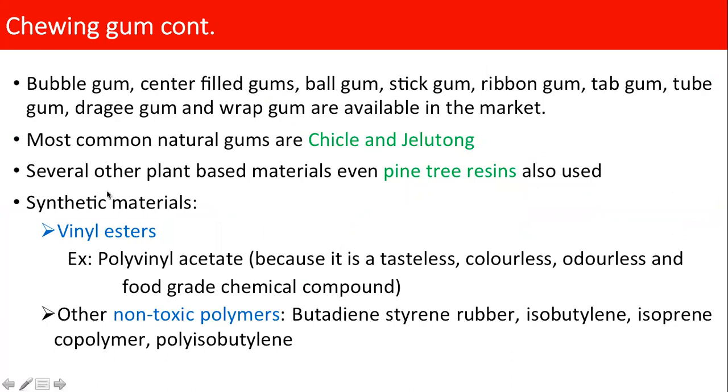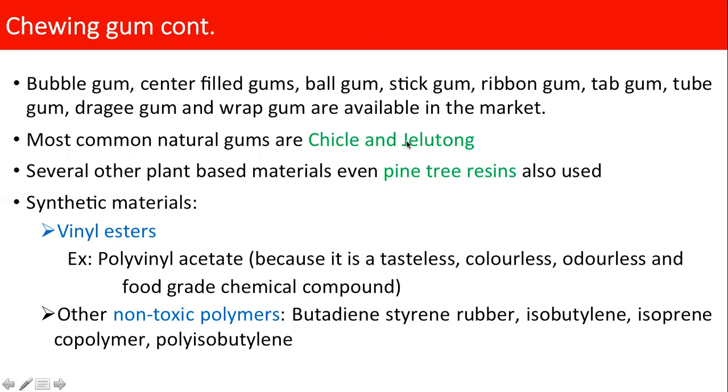And there are some synthetic materials. Nowadays we are using these synthetic materials, vinyl esters and non-toxic polymers, right? Non-toxic polymers, butadiene-styrene rubbers, isobutylene and isoprene. There are different food grade chemicals available.